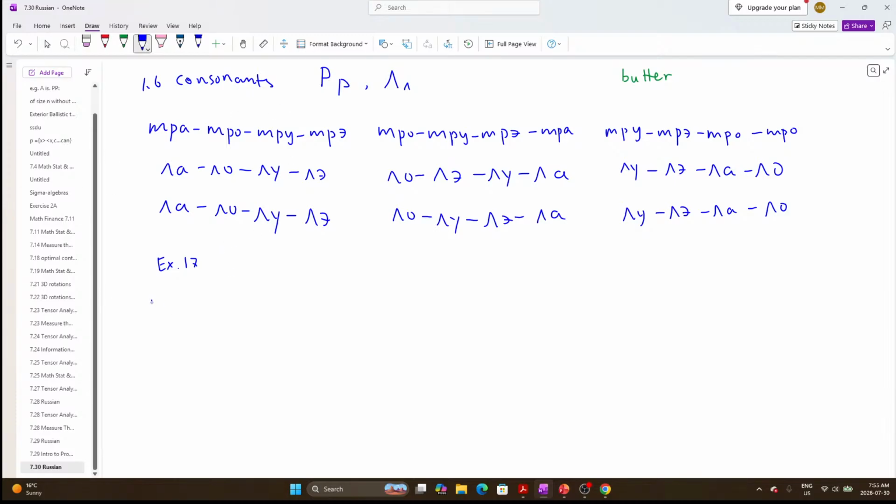Okay, so connecting consonants are always a little bit difficult. Thankfully, I think Russian is not that bad when it comes to connecting consonants. I've seen way crazier consonant combinations in, say, Polish, but still it takes a little bit of practice.